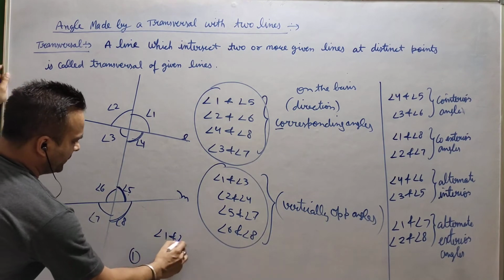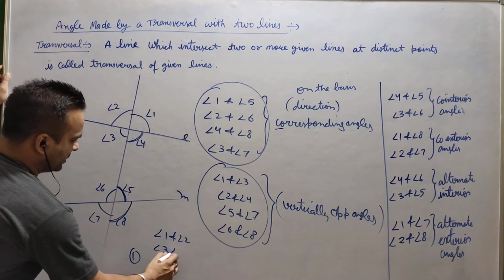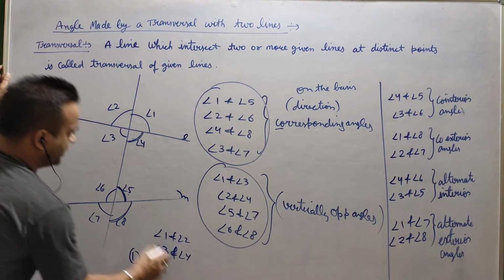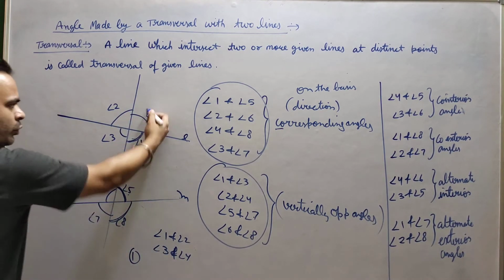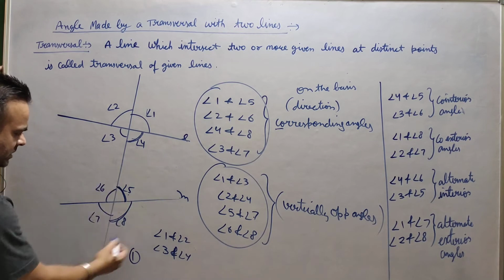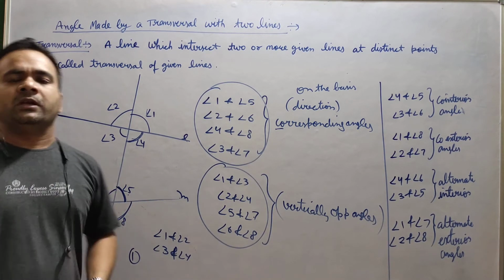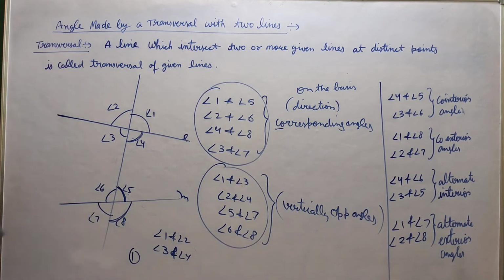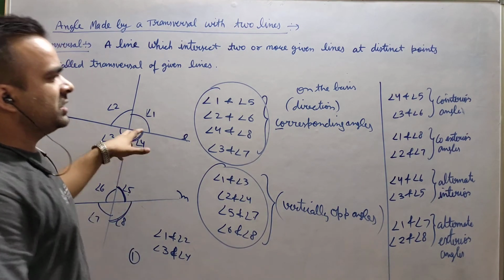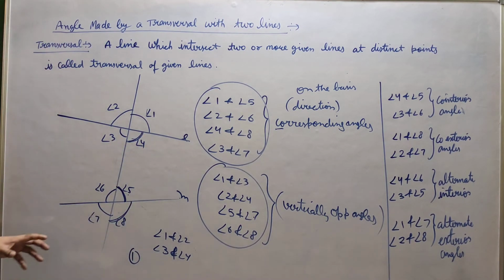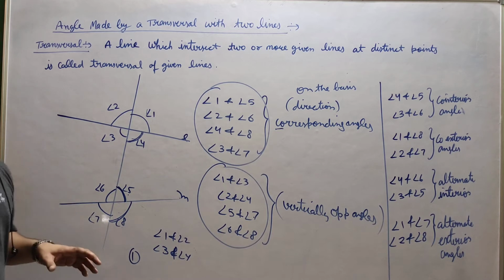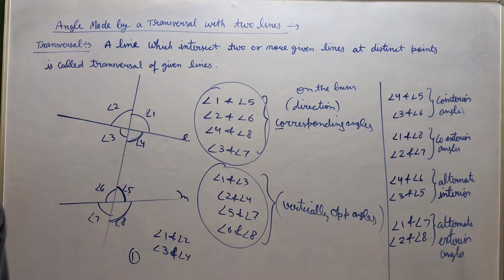So angle 1 and angle 2, angle 3 and angle 4. Some student can say that sir, angle 2 and angle 3, angle 1 and angle 4, angle 5 and angle 6 are also forming linear pairs. So previous knowledge also works for these 8 angles, previous connectivity, previous grouping. So this is about the angles made by a transversal with two lines.